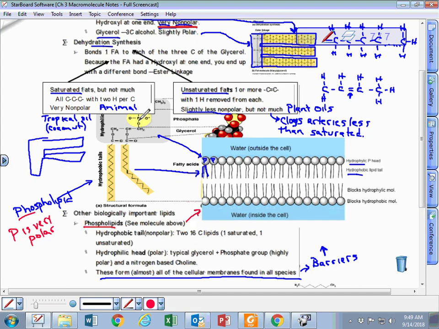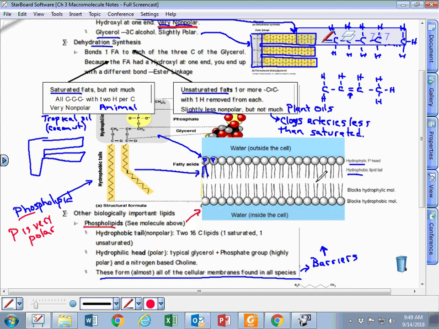It makes one side of the molecule that they always draw like a ball very polar, like it loves water. And then the two long stringy parts that make the things on the F are very not polar. There's a word for this.